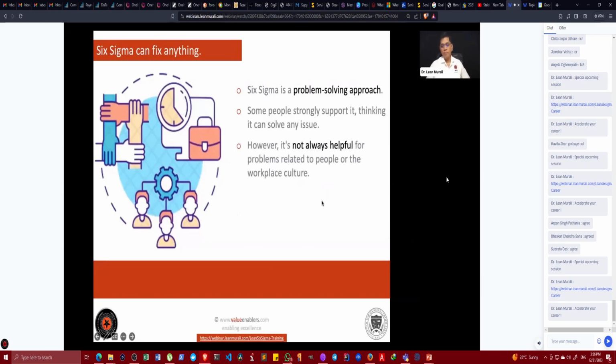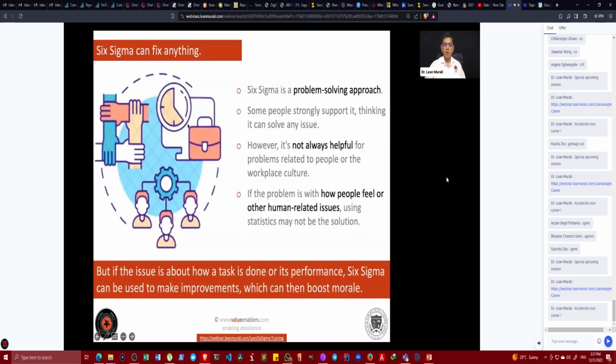It is not so, and it's not always for people-related issues. For example, Six Sigma cannot create a work culture. Suppose the culture is very bad, using statistical process control cannot improve the culture. It is only that if human beings feel that they are right, they can back it up with data. Six Sigma will help in that data analysis. That's what I wanted to say here.